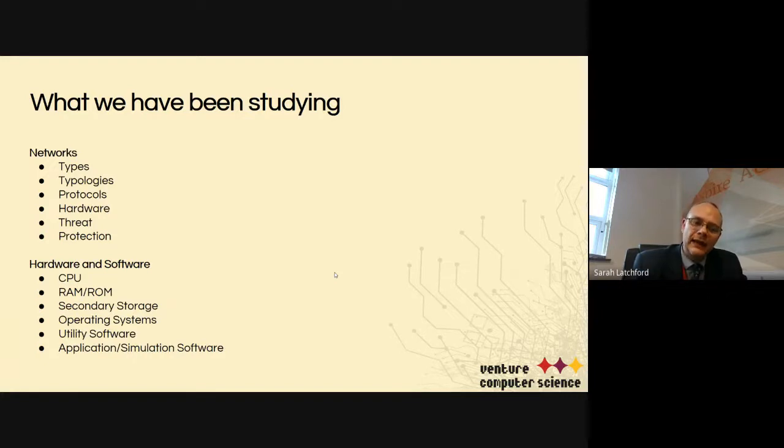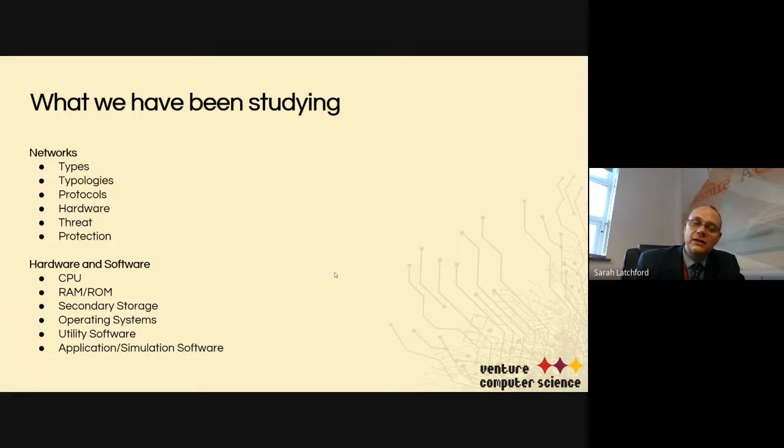Component one is the hardware, the software, the networks, how the computer works, binary, mainly the internal parts of a computer, and that physical element to computer science. Component two is more of the programming, the algorithms, the programming software, programming computers to do things. And traditionally, that's normally been the harder of the two components.